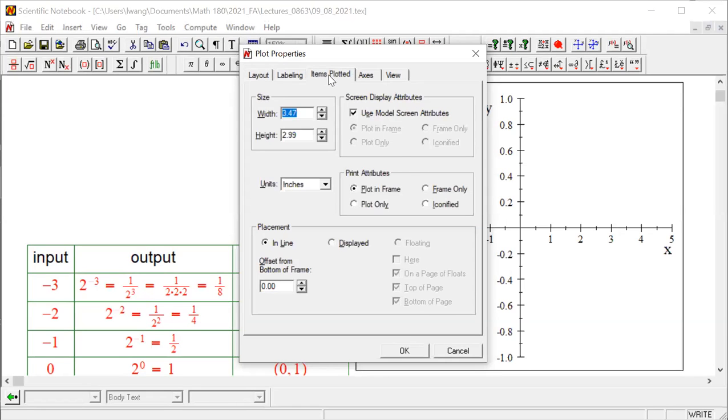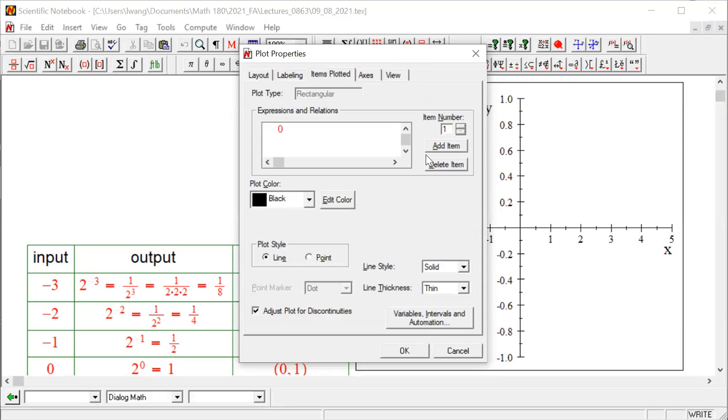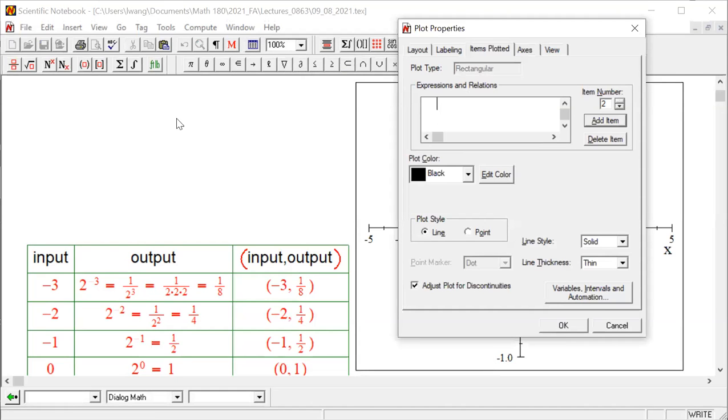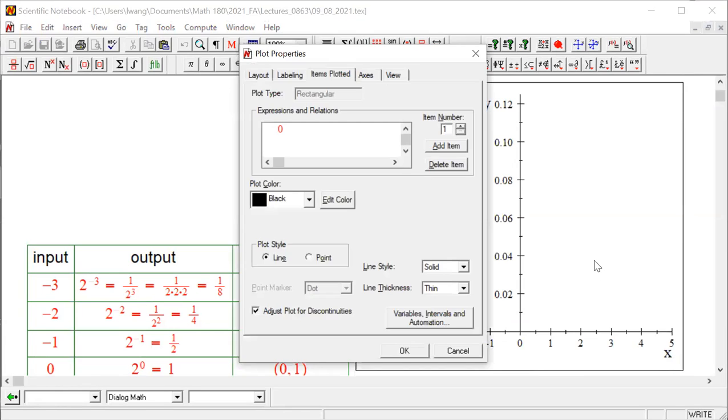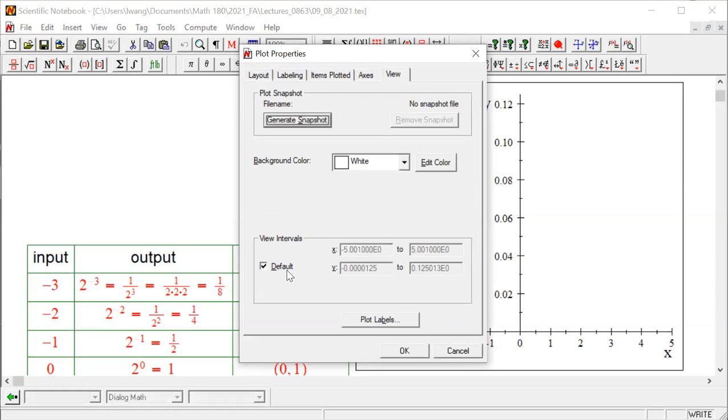The first point I'm going to plot is -3, 1/8. That's going to be a dot on my graph. I must have typed something wrong, so I need to make some adjustment.